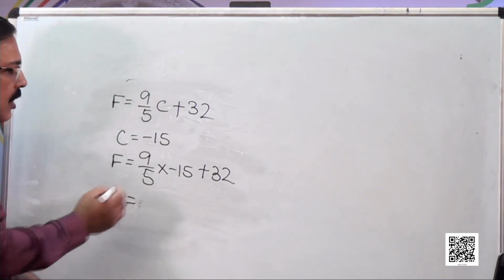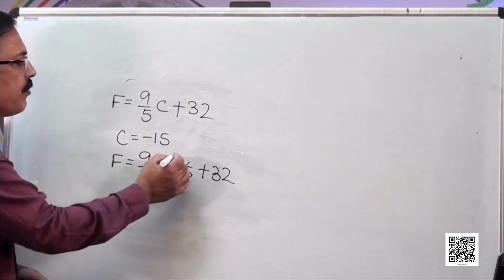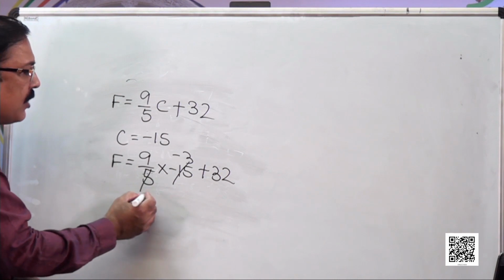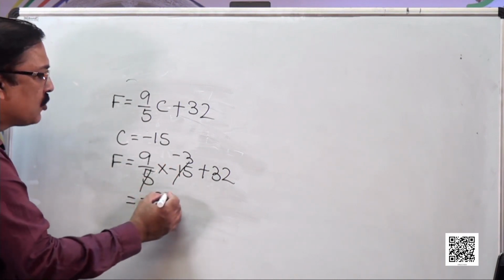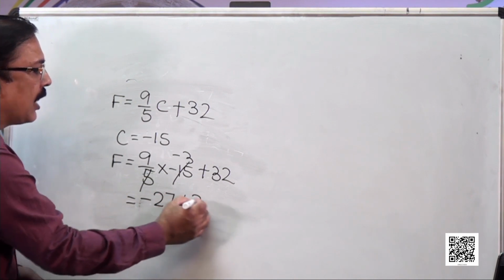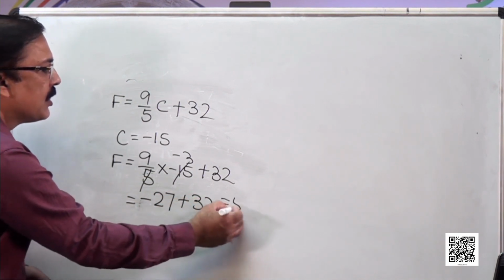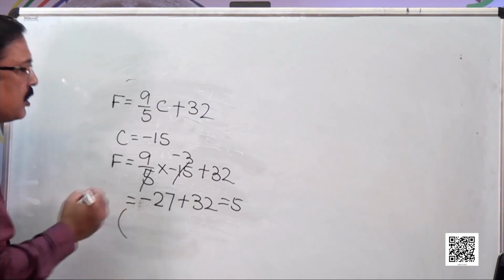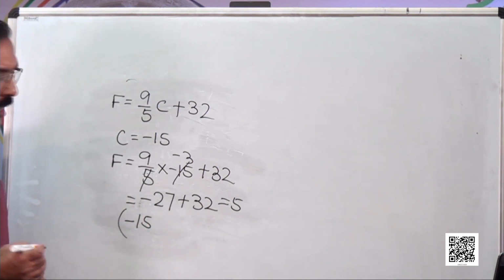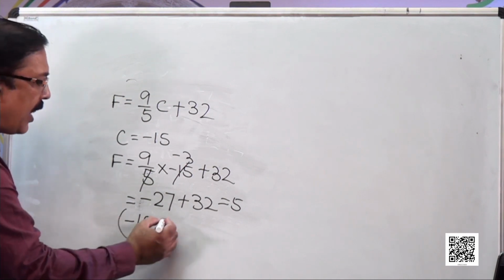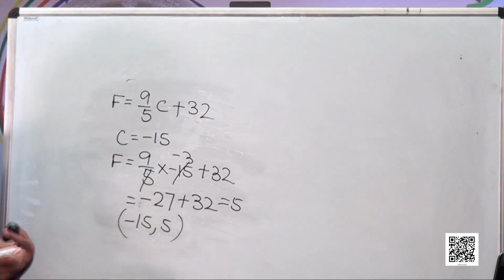That gives 5 and minus 15 cancel, minus 3. So 9 into minus 3 gives minus 27, plus 32, that is 5. So the solution to this equation is also minus 15, 5.